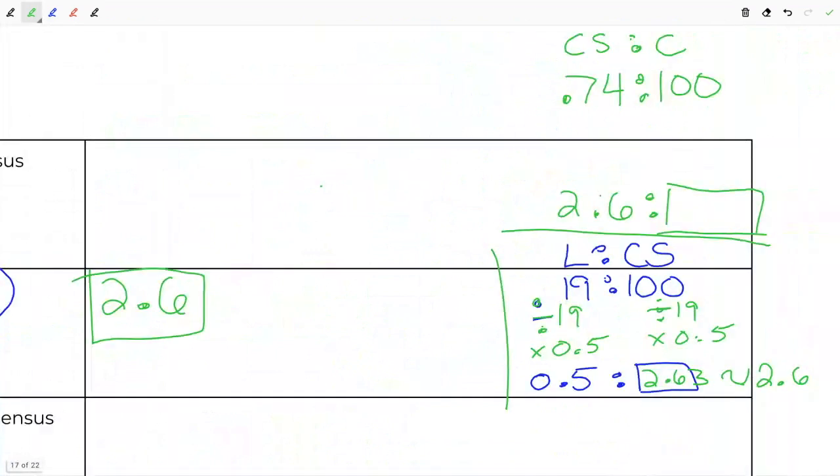So now we just need to figure out how to get from 0.74 to 2.6, which we divide by 0.74 to get 1, and then we multiply by 2.6 to get 2.6. So we need to do the same thing to 100. I'm just going to put that in my calculator really quick.